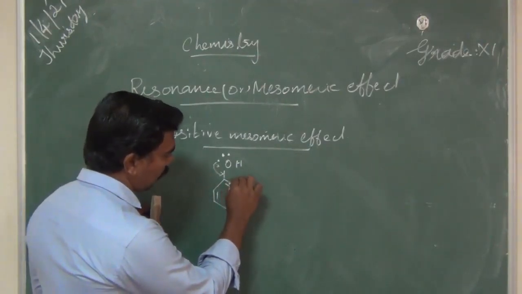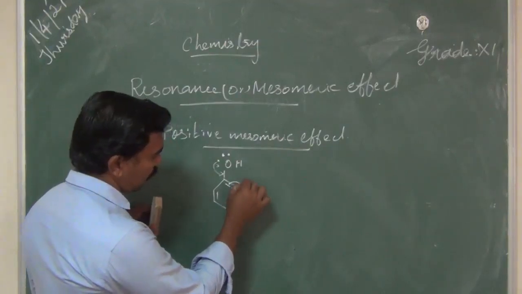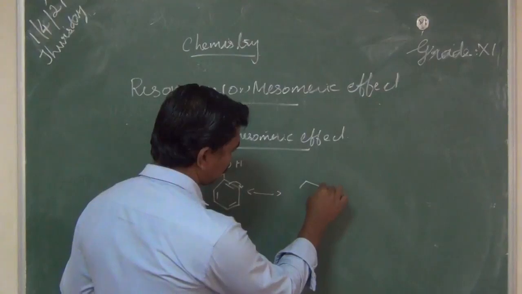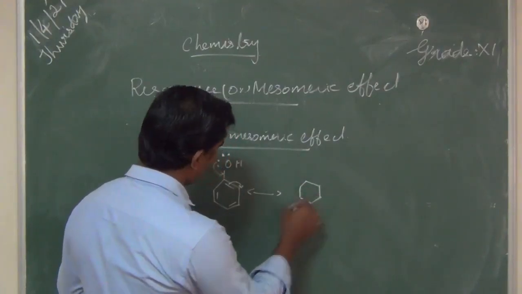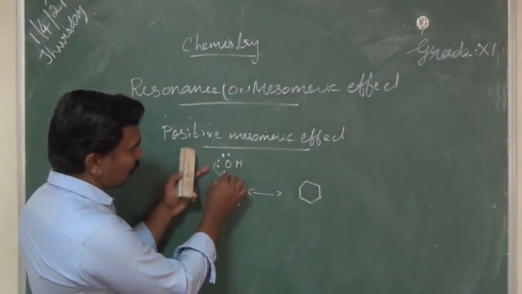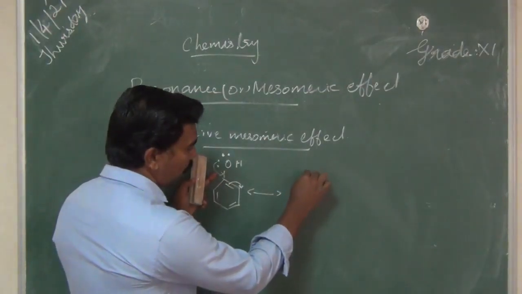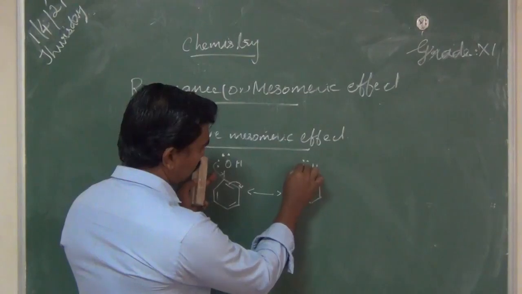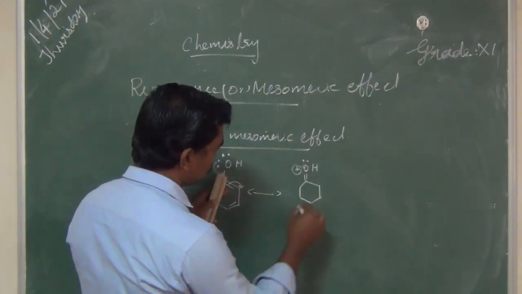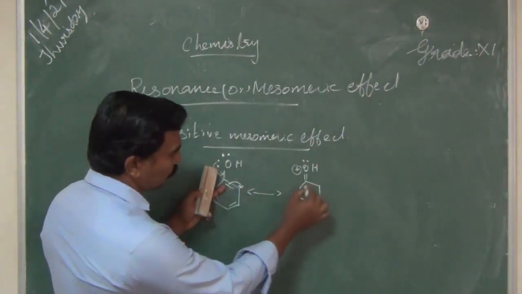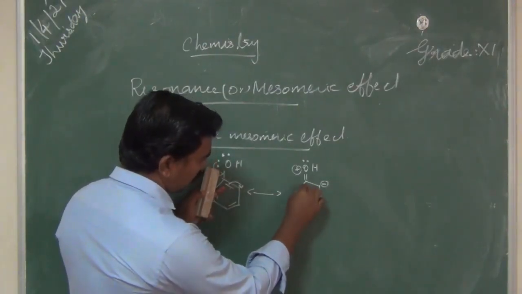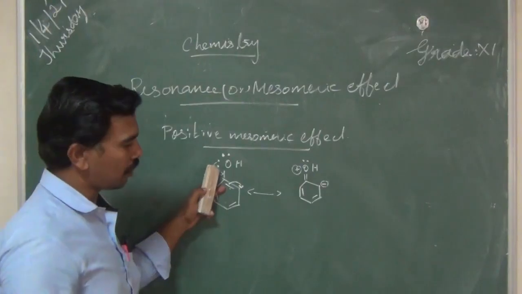This electron is delocalized. In the resonance structure, the lone pair is delocalized, so here the double bond will come, OH, then the minus charge also comes. After that, no changes here.